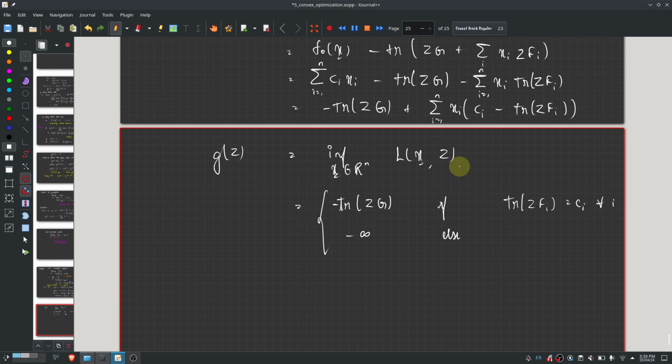Right? So what would be the dual optimization problem?